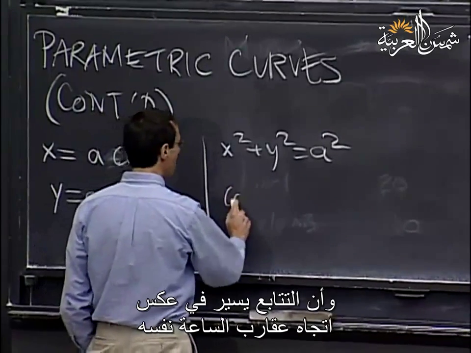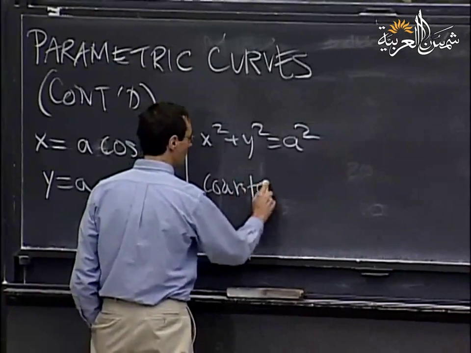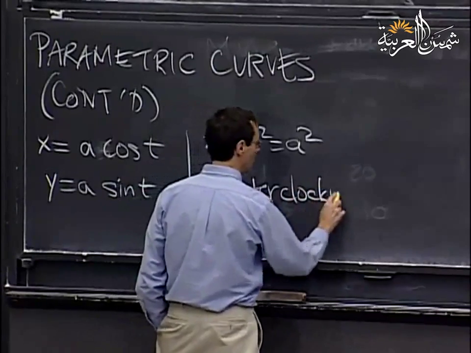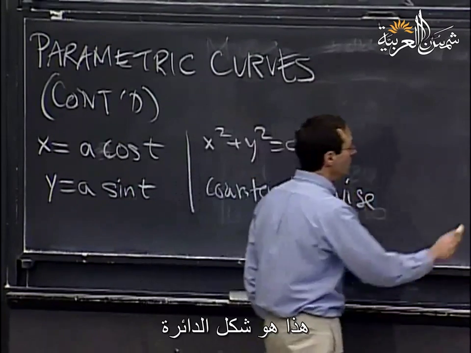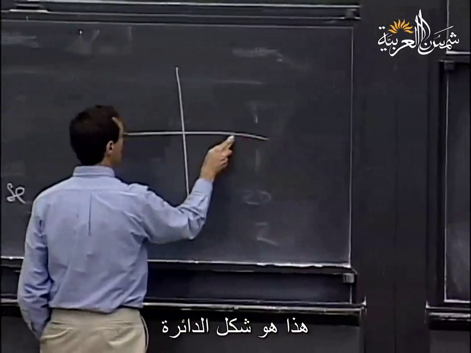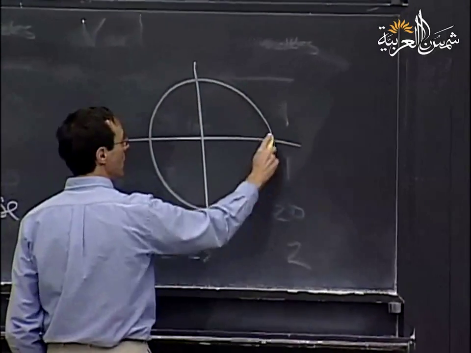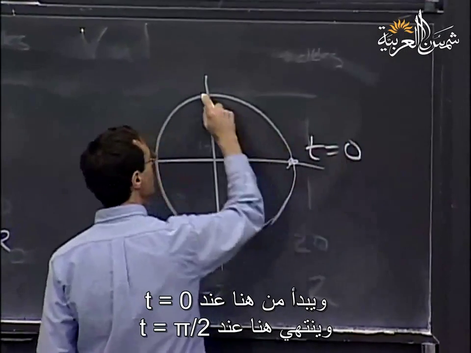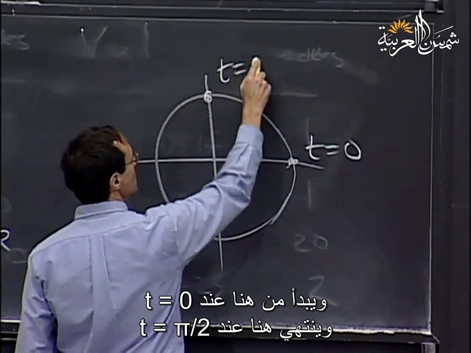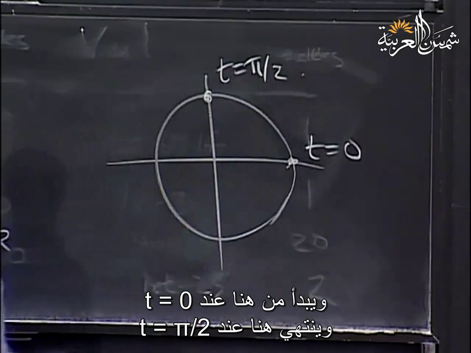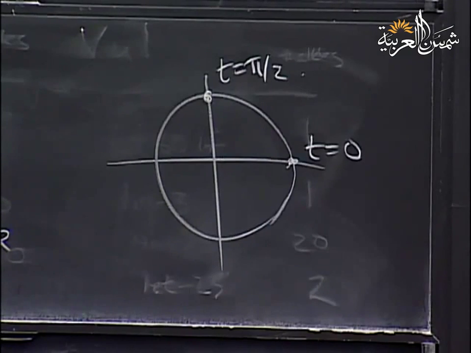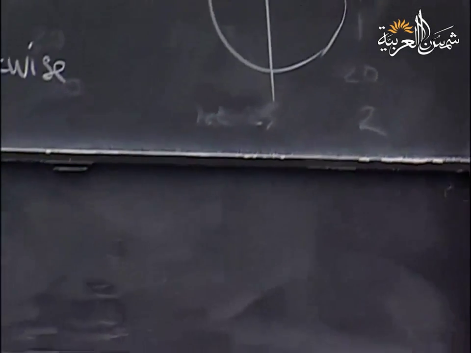And it's traced counterclockwise. The picture looks like this. Here's the circle. And it starts out here at t equals 0, and it gets up to here at time t equals pi over 2.